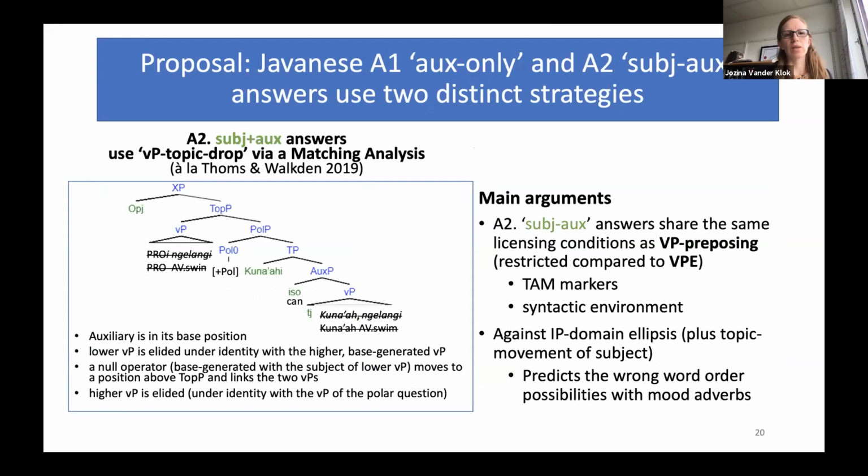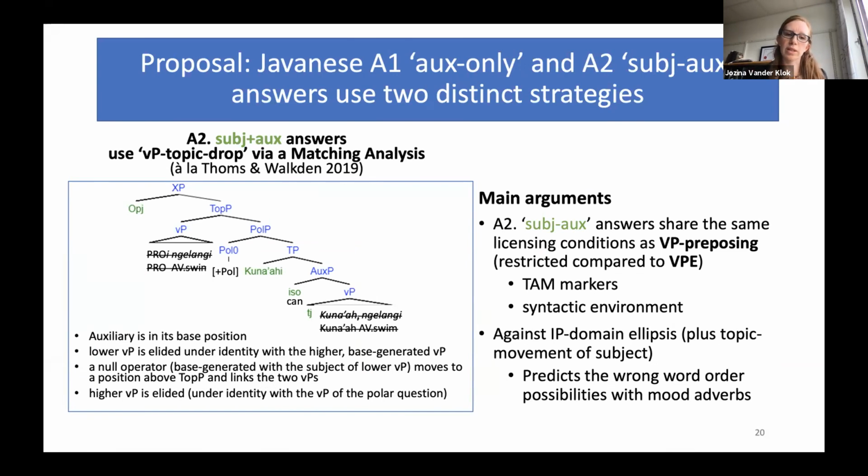And the main arguments that I'm going to be putting forward are that subject auxiliary answers share the same licensing conditions as overt VP preposing in Javanese.